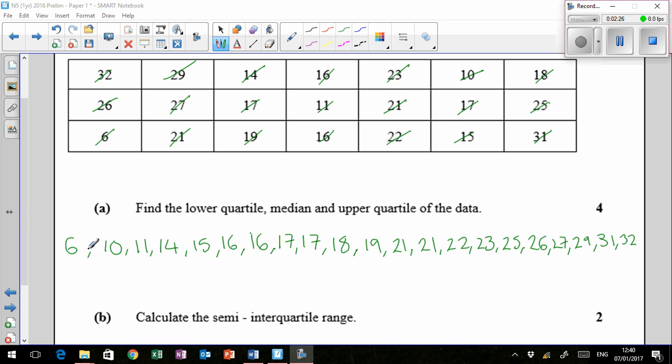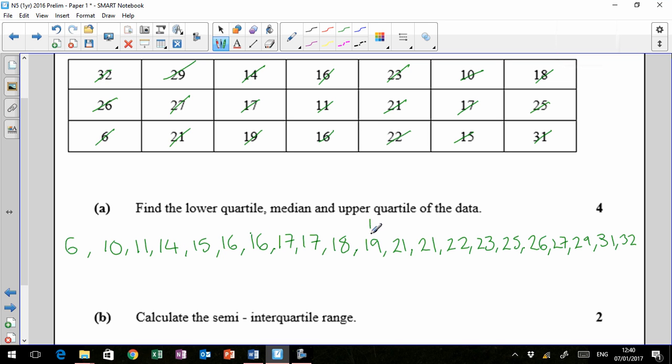Now we're looking for the median, so we come in from the sides to find the middle term. Your median is going to be 19. Then you need to find the lower quartile, which is the median of your bottom half. The middle of that is in between 15 and 16, so it's 15.5.